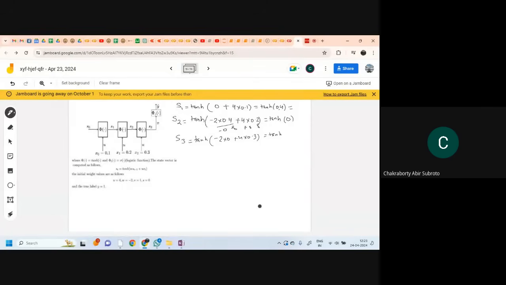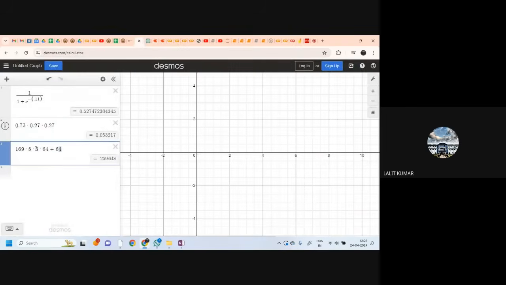Zero, minus 1.2. Now, tanh of 1.2. Tanh of 0.4 is also there. Tanh of 1.2 is 0.83.